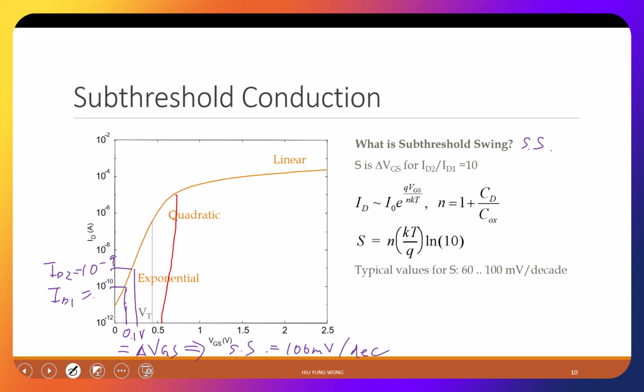That will be easier for me to draw. I invent another transistor like this. Which one is a better transistor? This one or this one? What do you think? Everything else the same, but this one goes down very fast. Which one is better? What do you prefer? For a normal operation. You mean the red one? You want this one? Why?